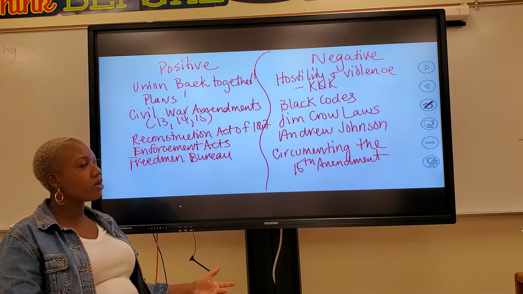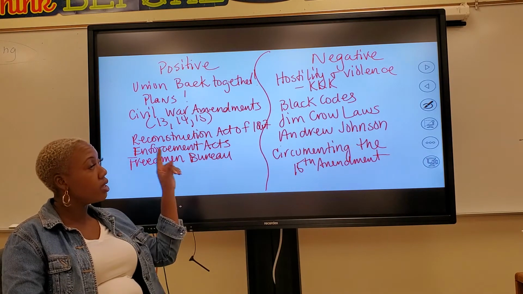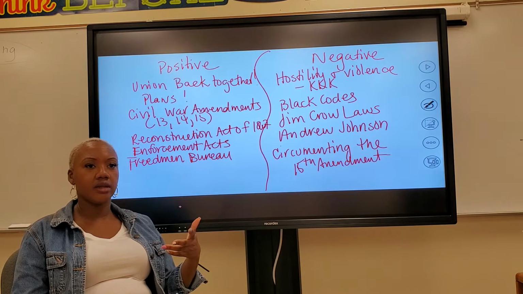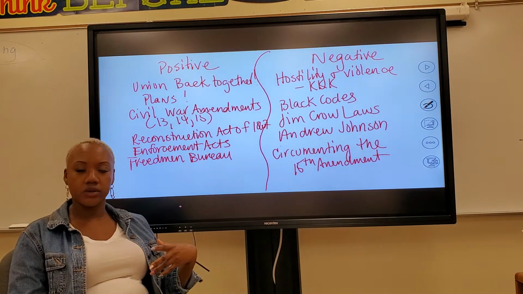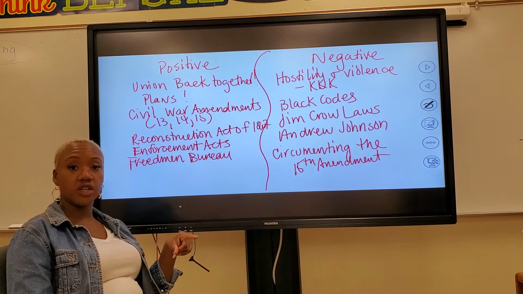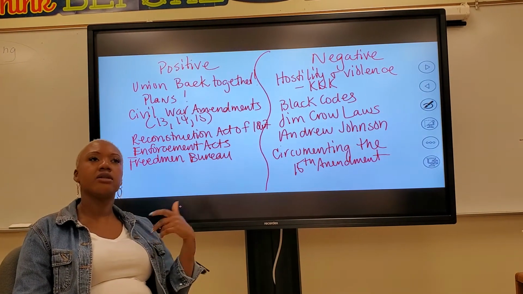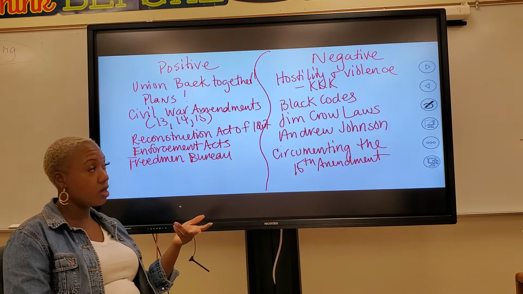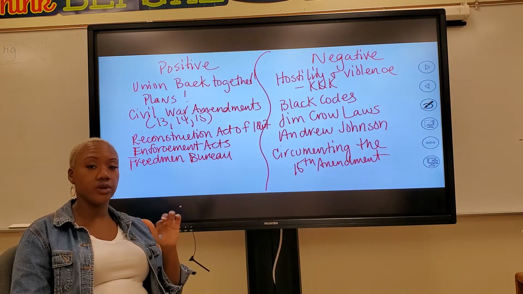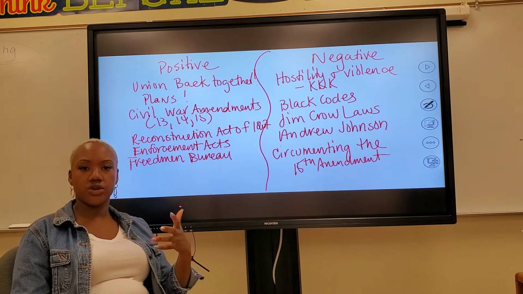So the Radical Republicans were successful in making Black Codes illegal, but the South responded to the nullification of Black Codes by creating another series of laws called Jim Crow laws. Now, this won't be on your test for this unit, but I still want to share this with you.